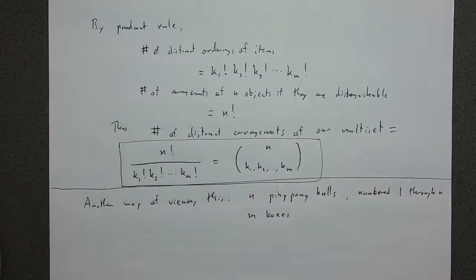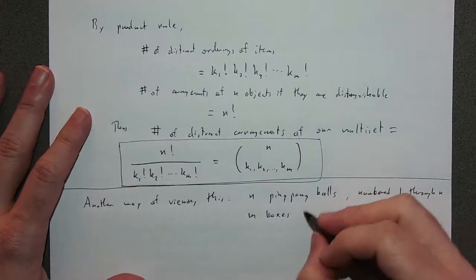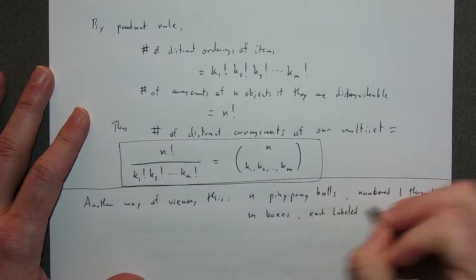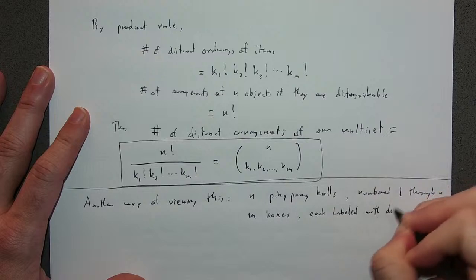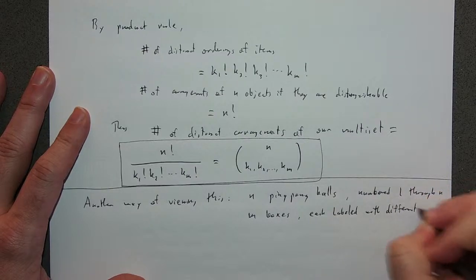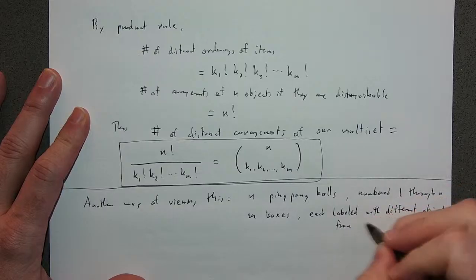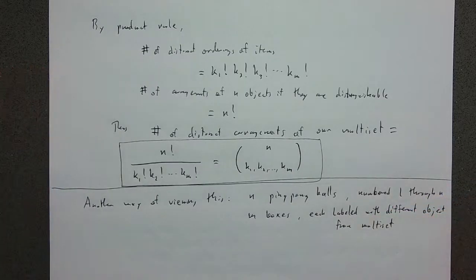Each is labeled with a different object from our multiset. So, for instance, if you thought of these objects being colors, there's red 1, red 2, red 3.